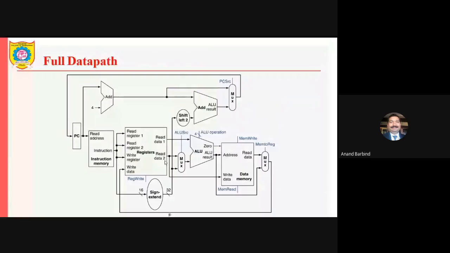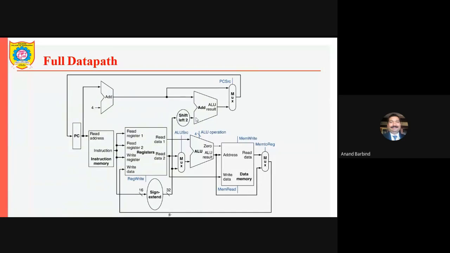Now this is the full data path. In this case the instruction memory along with the branching is also shown in this diagram. In case of a branching instruction, the output of the sign extension unit is also given to this shift left register, and that will happen only in the case of the branch instruction.